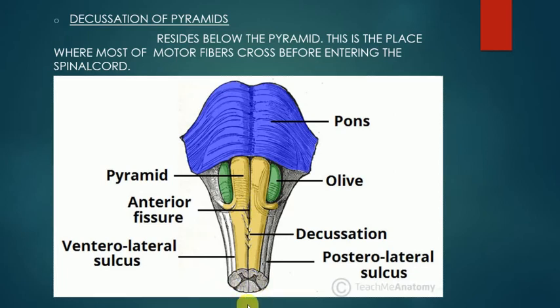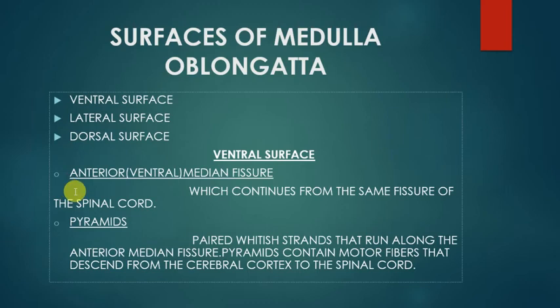Here is the spinal cord, and the anterior fissure extends from the spinal cord and is formed in the medulla oblongata.